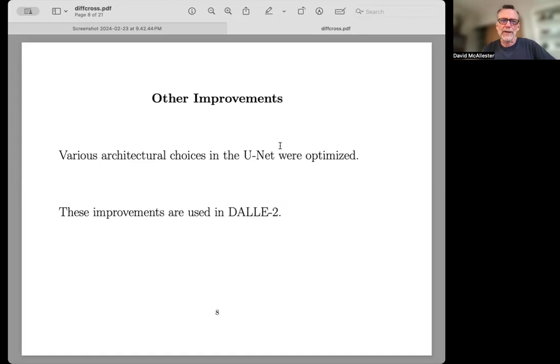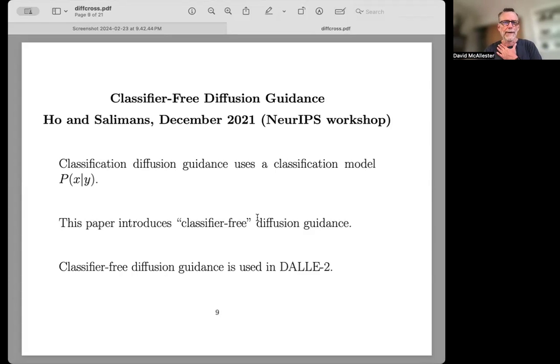And this paper 3 years ago had other improvements. There were improvements in the UNet, and these improvements went into DALL-E 2. So DALL-E 2, if you remember, that's where we're going in this timeline. That was the really shocking breakthrough. Okay, the next step in this development is called classifier-free guidance.